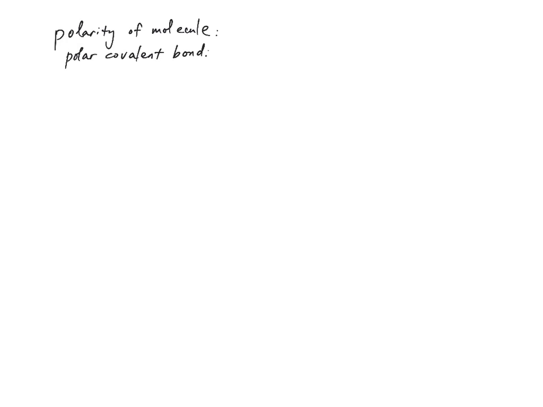Okay. A polar covalent bond is a covalent bond that shares its electrons unequally. Now, we all know that a covalent bond is sharing of electron pairs between two atoms.